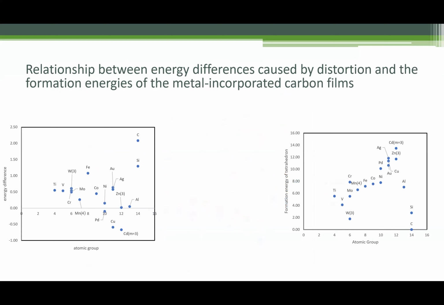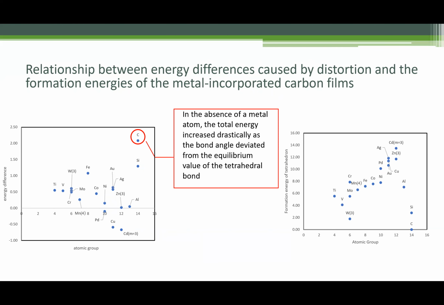Finally, here is the relationship between energy differences caused by distortion and the formation energies of the metal incorporated carbon films. These results were calculated using energies calculated by WB97X functionals. It validated the previous computational work.